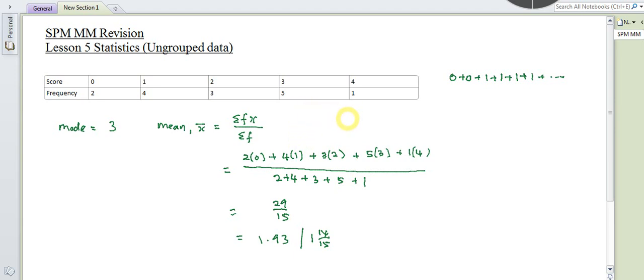If I want to find the median, first we need to know the total frequency. The total frequency here is 15. This 15 is an odd number, so there must be only one middle value.